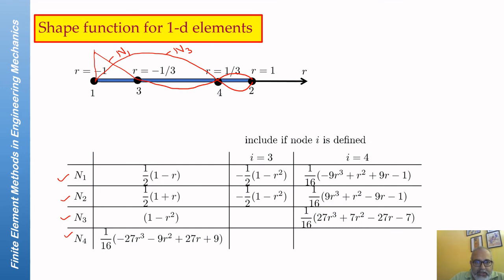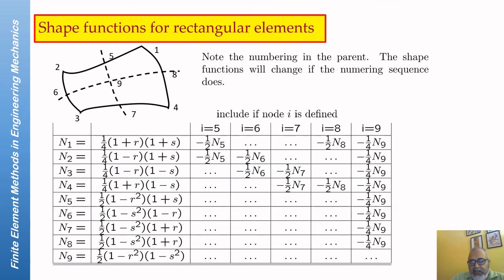Similarly, for a 2D quadrilateral element, this would be mapped from a quadrilateral. This is the node numbering that has been used, 1, 2, 3, and 4. So with this node numbering, we can add some mid-side nodes also, which are 5, 6, 7, and 8.